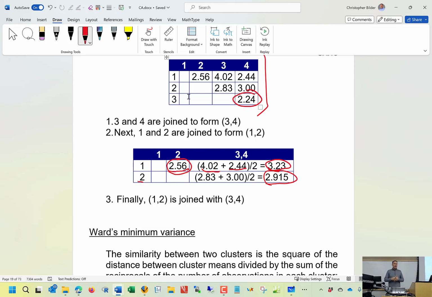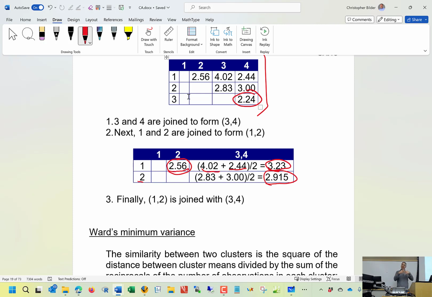Some of these methods, though, can have what are called reversals. What that means is that the distances can actually decrease as you go from, let's say, 3 to 2 clusters, compared to 2 to 1. The distance from 2 to 1 could be smaller than it is from 3 to 2. That seems counterintuitive.